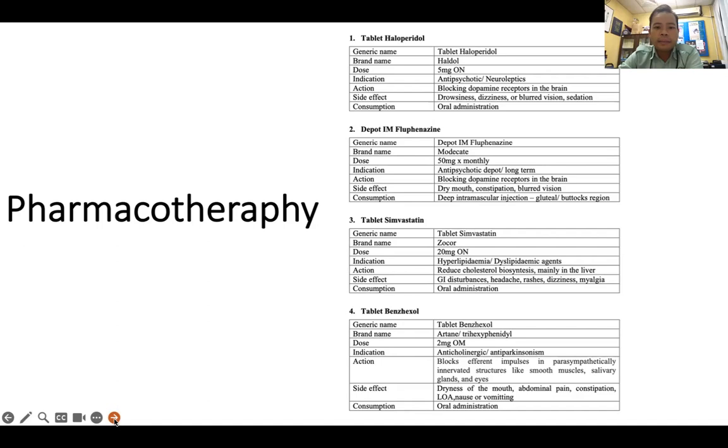There is no side effect reported for this patient. He is also on tablet simvastatin for high cholesterol, 20 milligrams at night. And last but not least, he takes tablet benzhexol, or the brand name Artane. This is an anticholinergic or anti-Parkinson drug by oral administration.